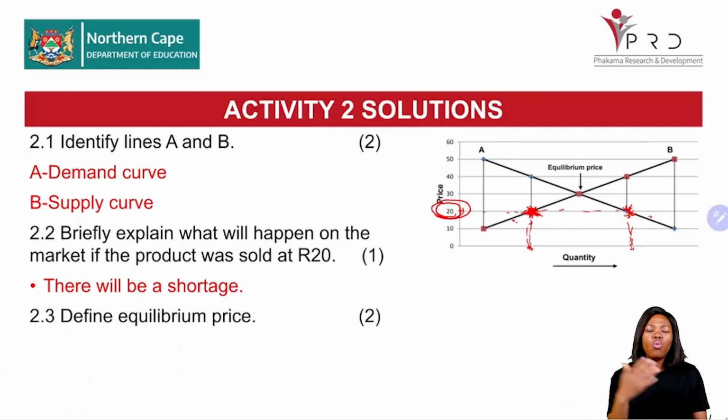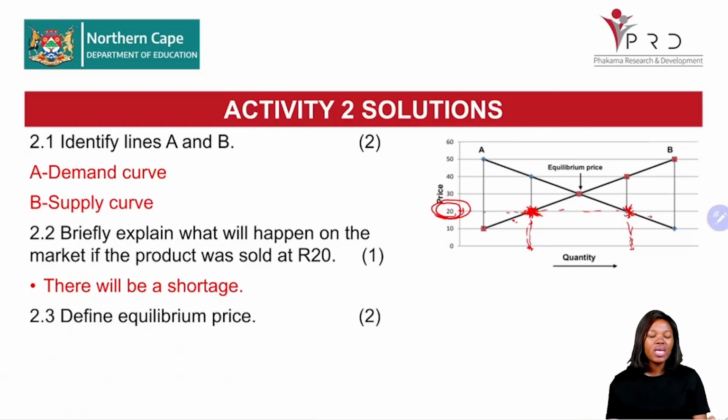Why is that so? Because the price of the product is low. Remember, the producers don't want to sell when the price is low. They want to sell when the price is high. That is why there is this disagreement, and that is why there is a shortage in the market.